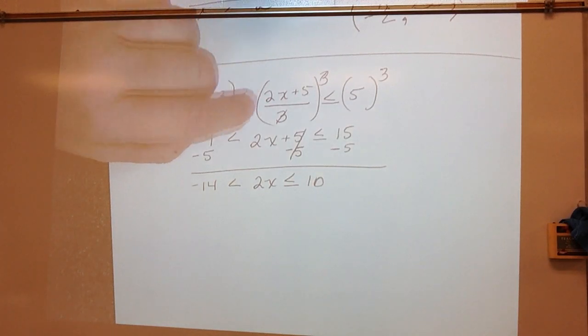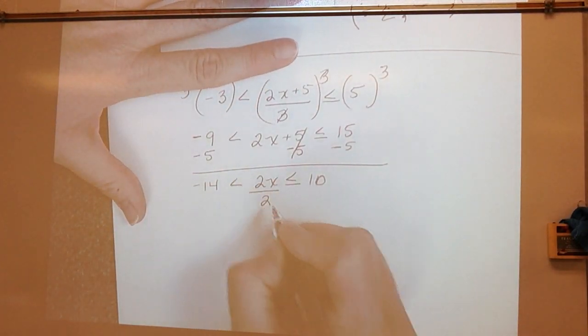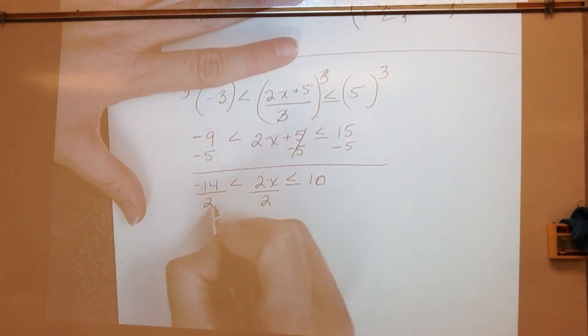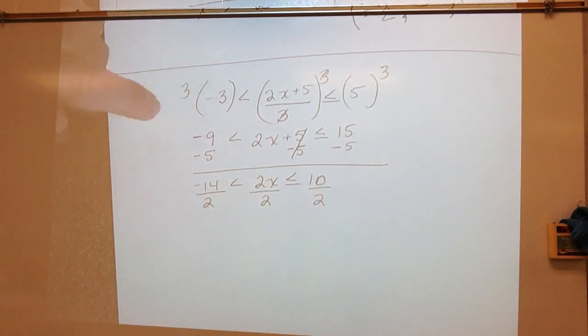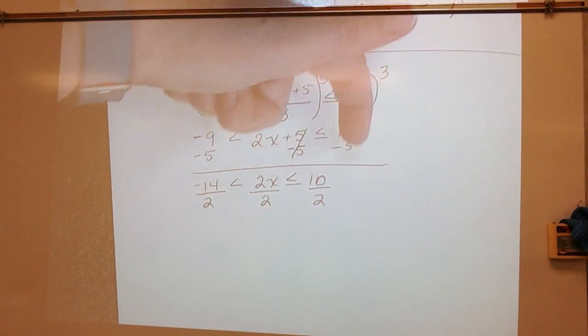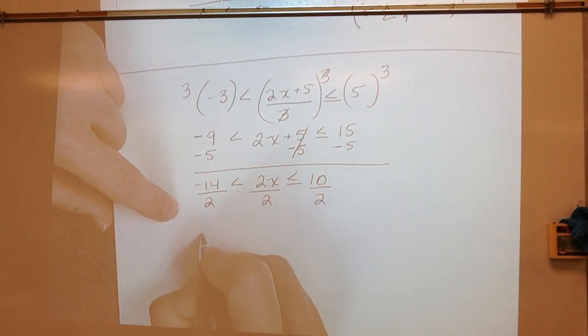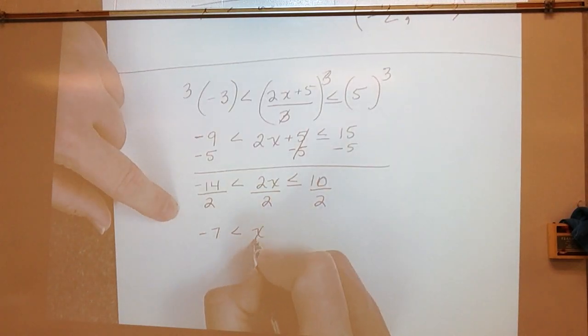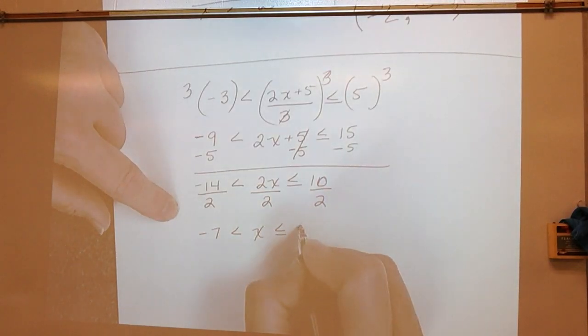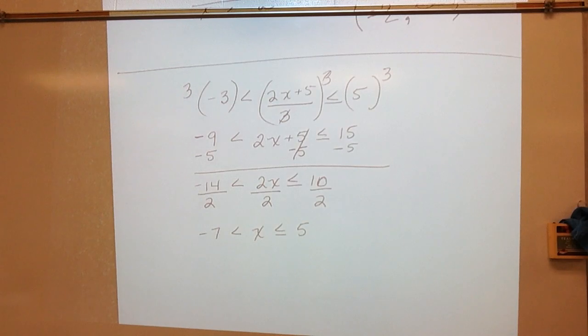Now I'm going to divide by 2, but I have to do all 3 parts. Whatever I do to 1, I have to do to all 3 parts. So negative 14 divided by 2 is negative 7, is less than x, is less than or equal to 5.